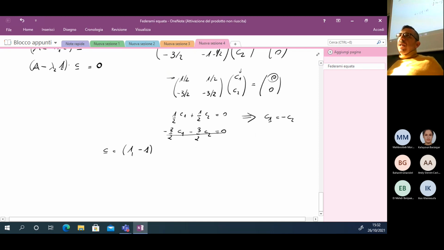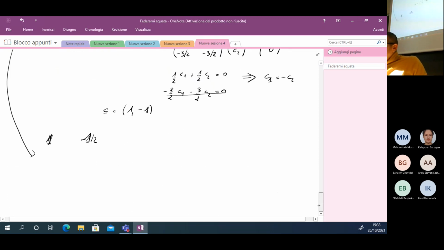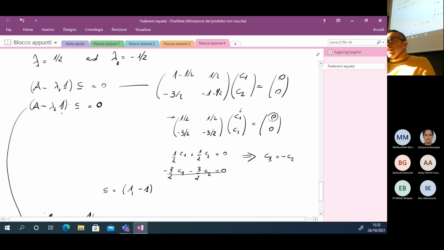What happens for the other eigenvalue? So we have to solve this other equation here. In this case, the matrix A doesn't change, it is 1, 1/2, minus 3/2 and minus 1. And then I have to subtract lambda 2 identity.